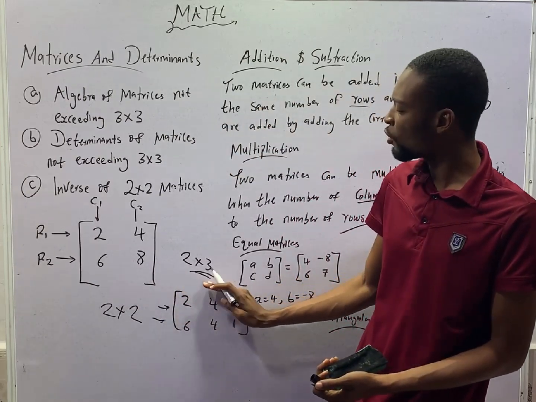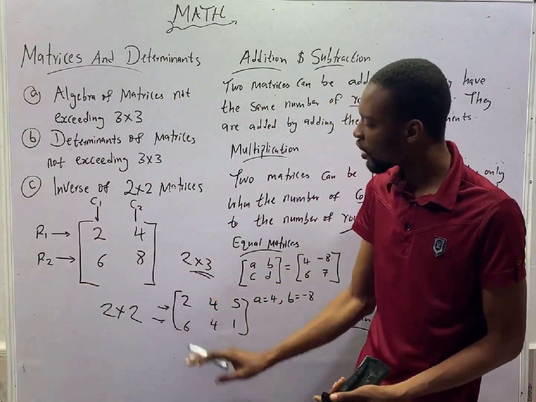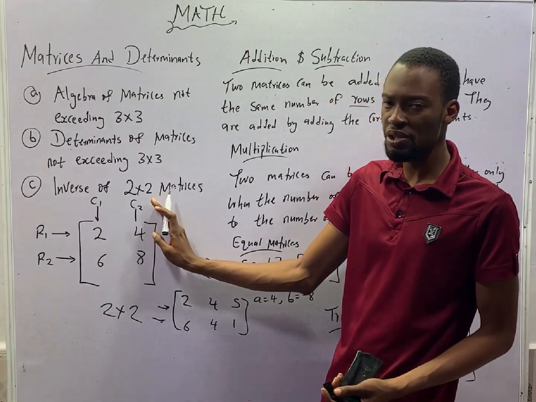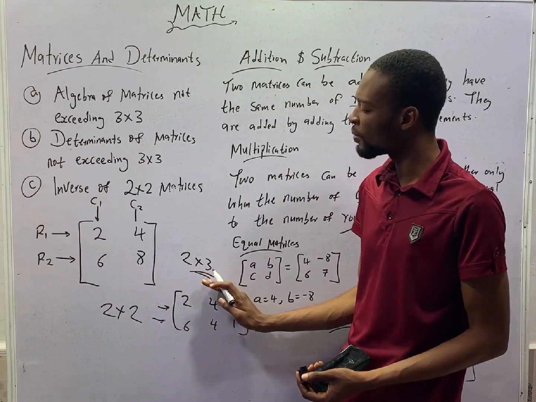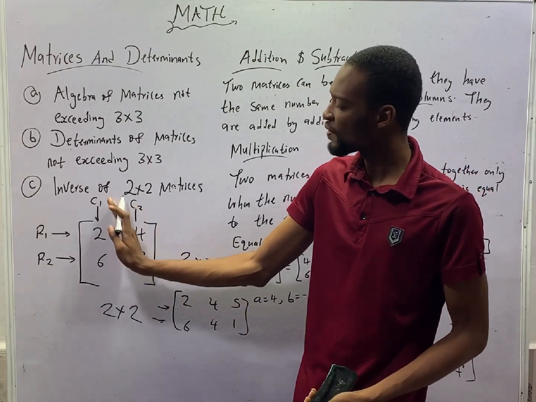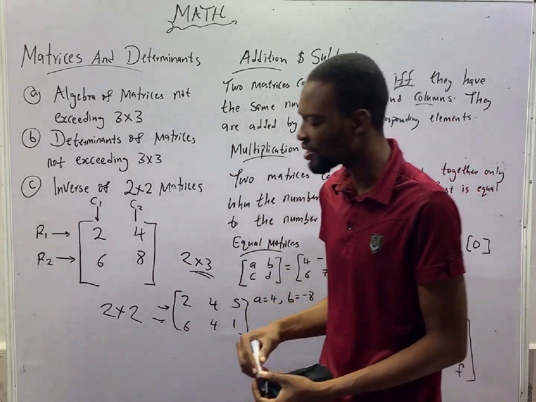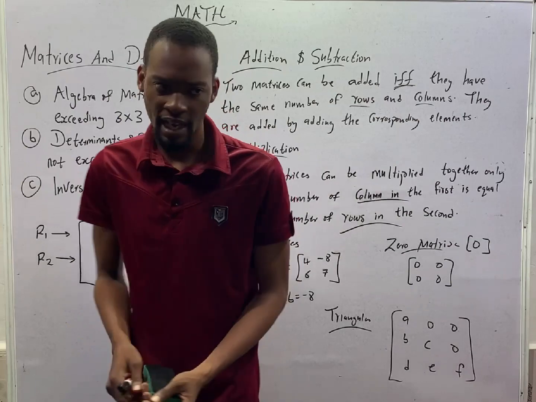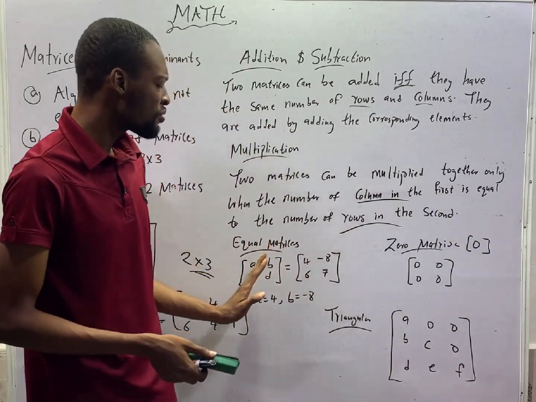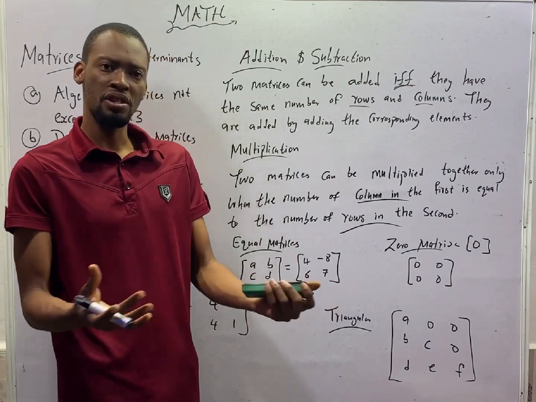Even if the number of columns in the first matrix is different from the number of columns in the second matrix, provided that the number of columns in the first one is equal to the number of rows in the second one, then these matrices can be multiplied.